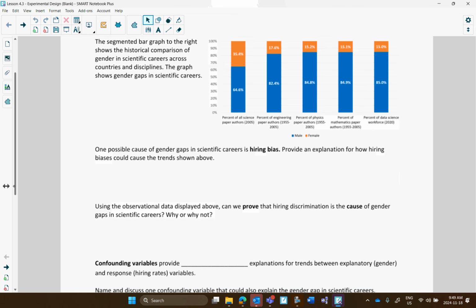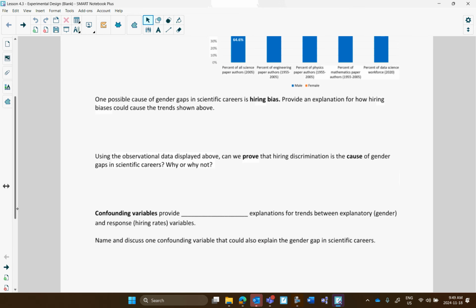One possible cause of that could be hiring bias. In other words, they're overestimating the number of males and underestimating the number of females. So how could hiring bias cause these trends shown above?